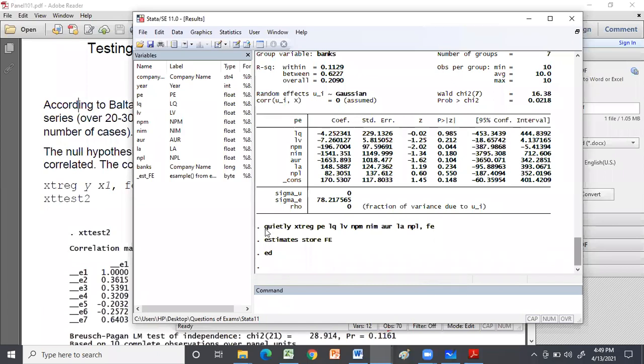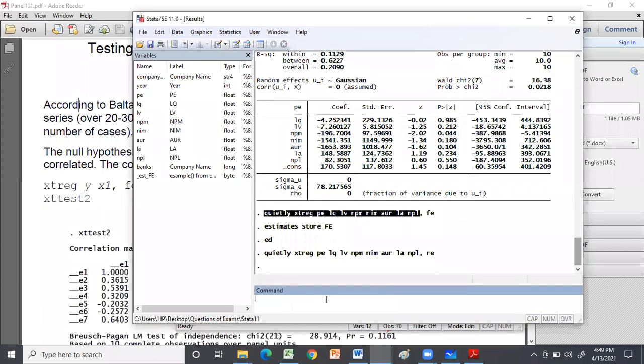Similarly, when you have estimated the regression model using the random effect method, re, you have just quietly estimated it, but you have not stored the output yet. You are storing the estimated output of your regression model, which was calculated using the random effect method.